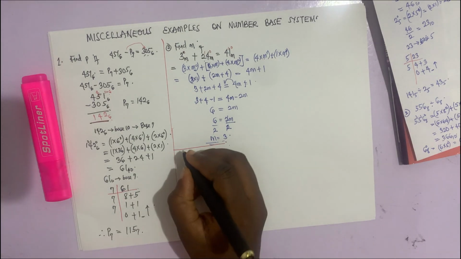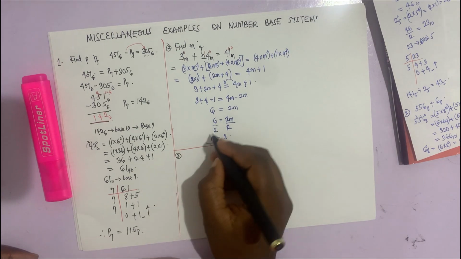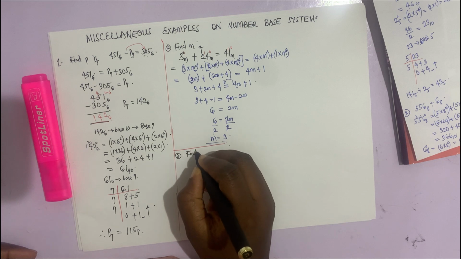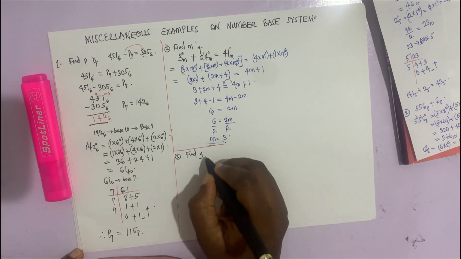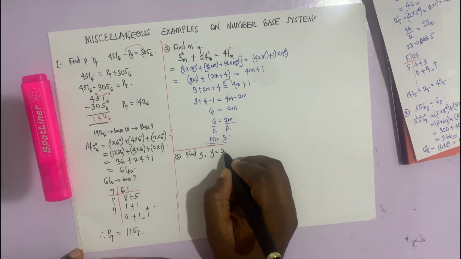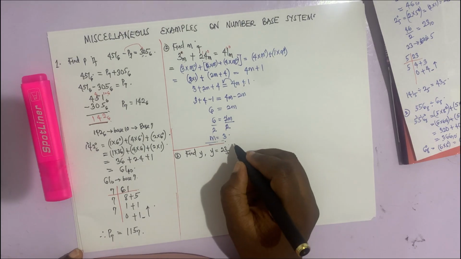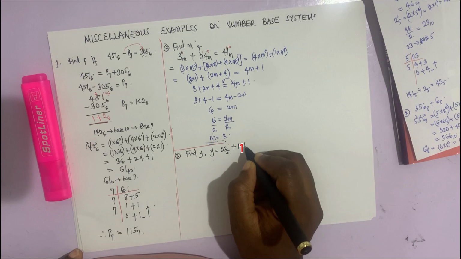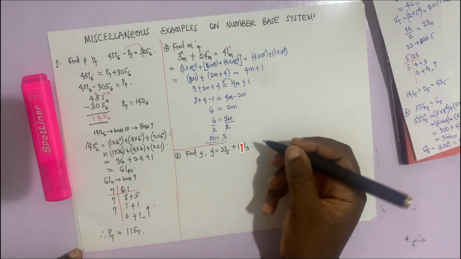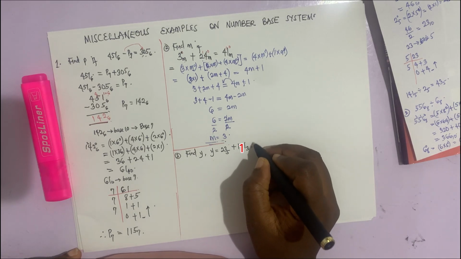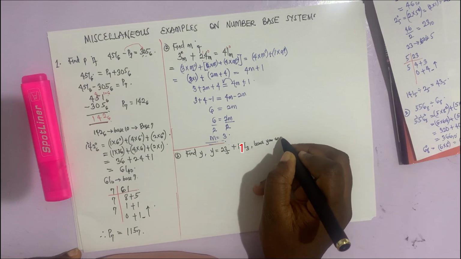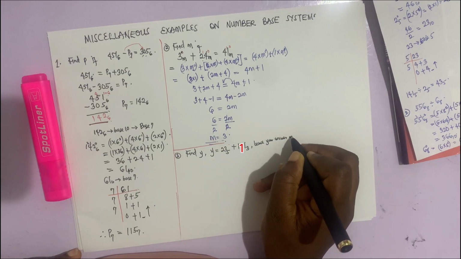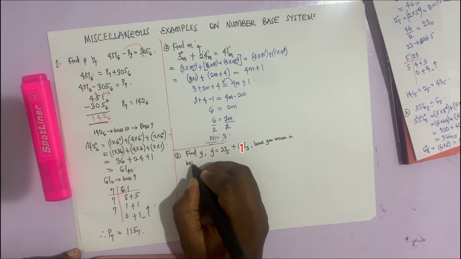So for question 3, it says we should find y, given that y is 23 base 5 plus 101 base 3, and leave your answer in base 4.